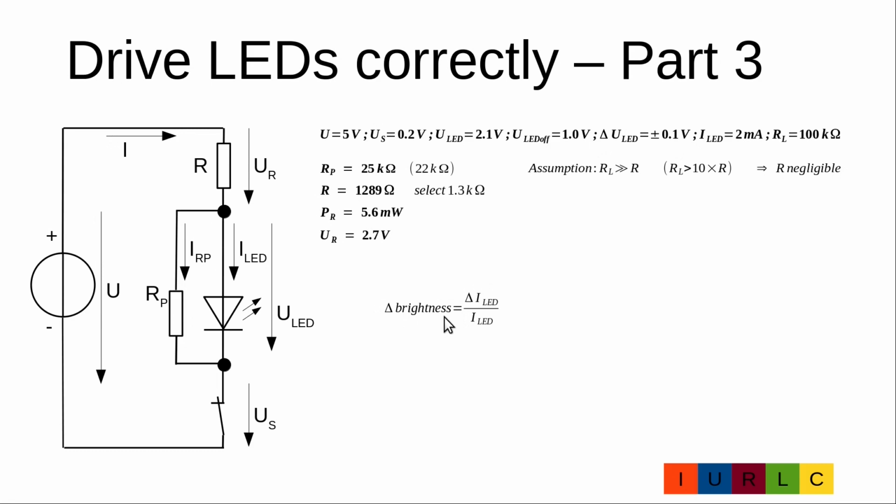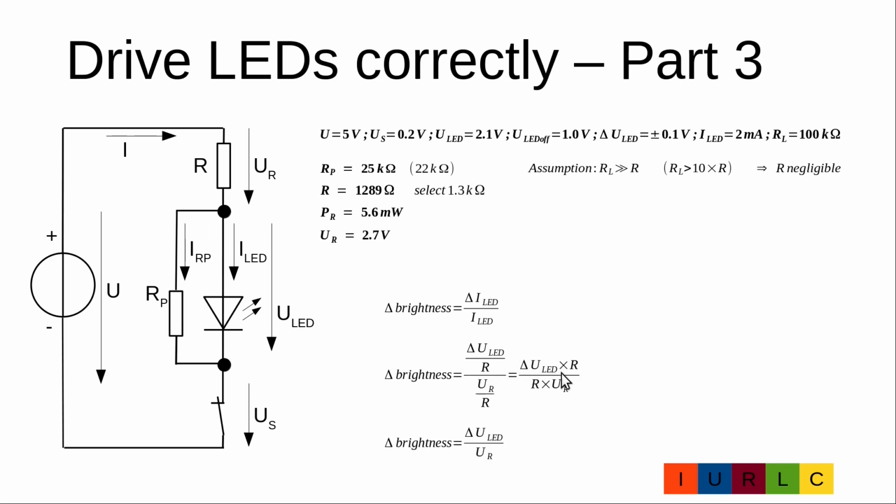The brightness tolerance is delta ILED divided by ILED is delta ULED divided by R divided by UR divided by R. We bring now both to the main fraction bar and get delta ULED times R divided by R times UR.